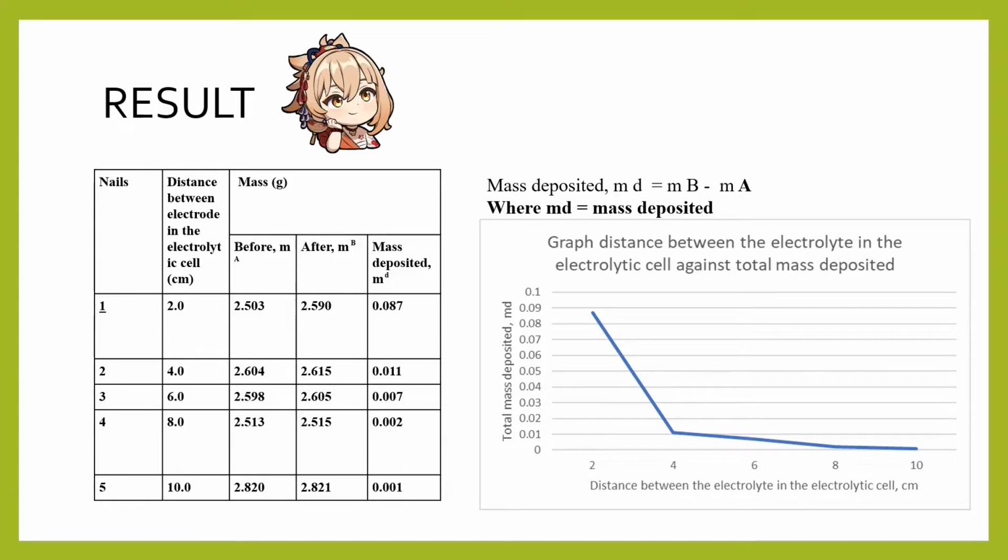This is because at 4 centimeters, the nail has reached its maximum boundary, so it wouldn't receive as many copper particles as at 2 centimeters.